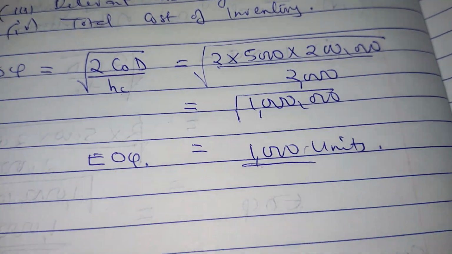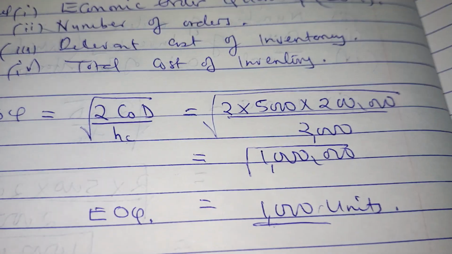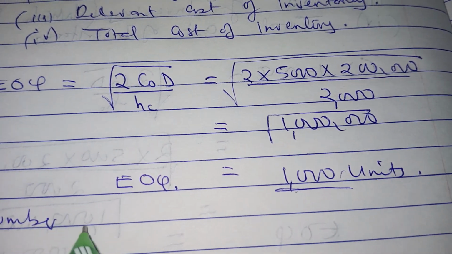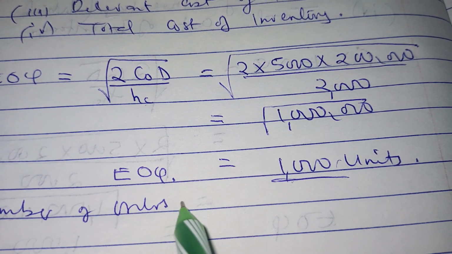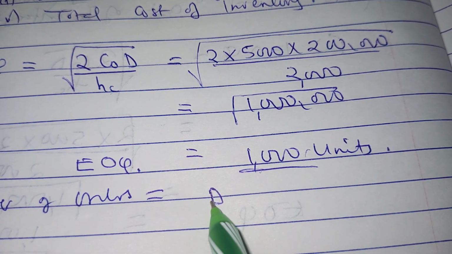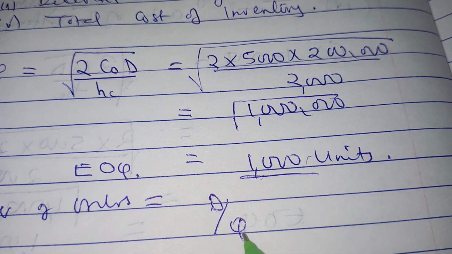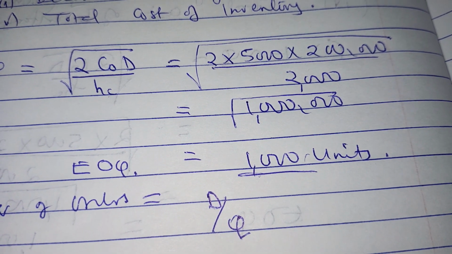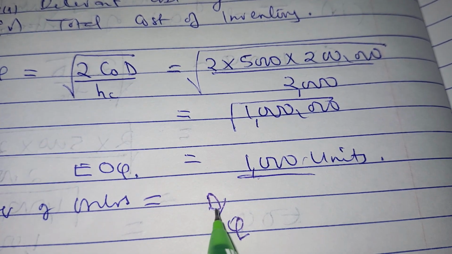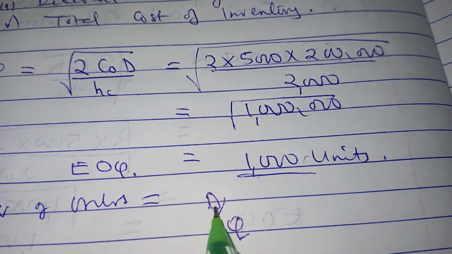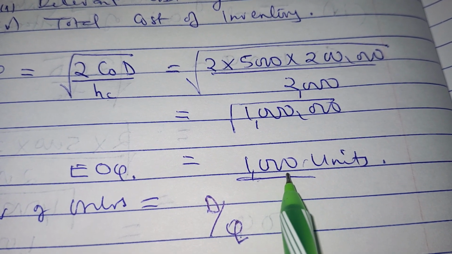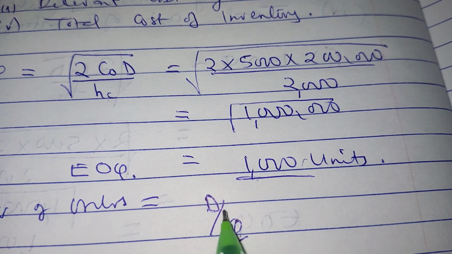We said EOQ is the quantity that minimizes the total cost of order. Roman 2 is asking what is the number of orders. The number of orders will be given by the total demand divided by the quantity of units that we are buying every time we place an order. Total demand being 200,000 and the quantity we order being now the EOQ as 1,000, we can get how many times we shall order.